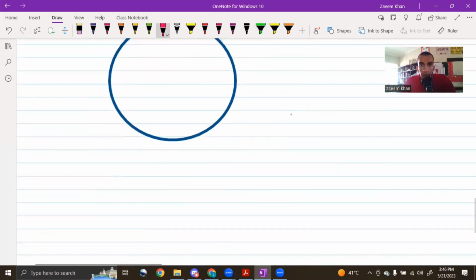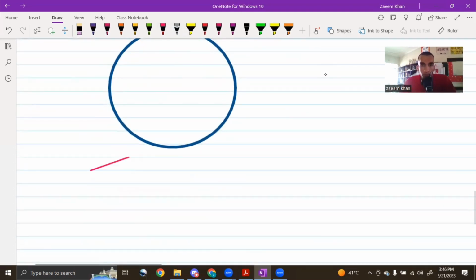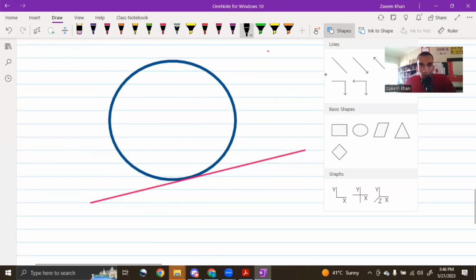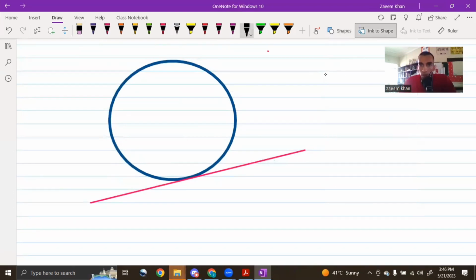So imagine we've got a tangent like this. And we've got a triangle inside this shape, that happens to look like this.